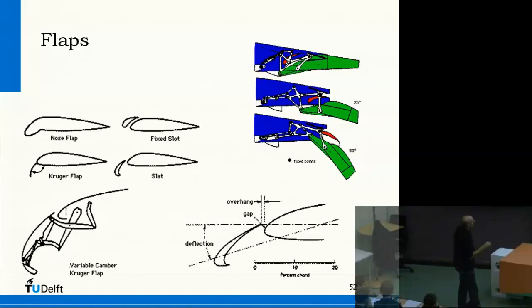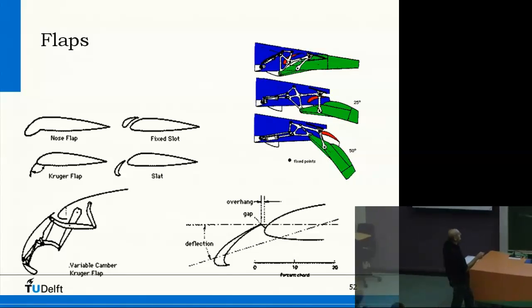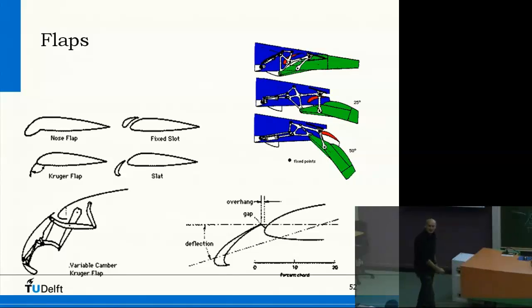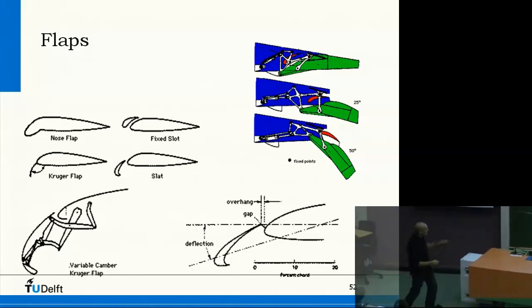Here we have a slat with a fixed slot. Here we have a slat which is movable. This is a Kruger flap that just flaps out of the lower surface of the leading edge. What happens here is that you change the resulting angle of attack.